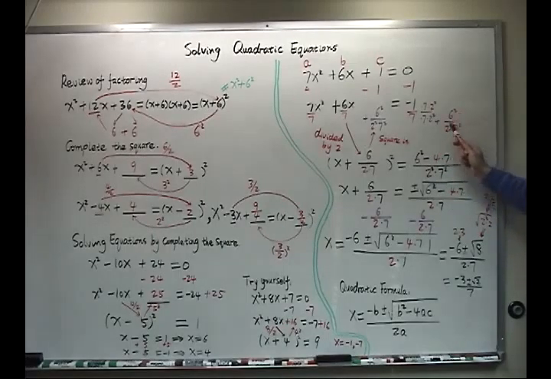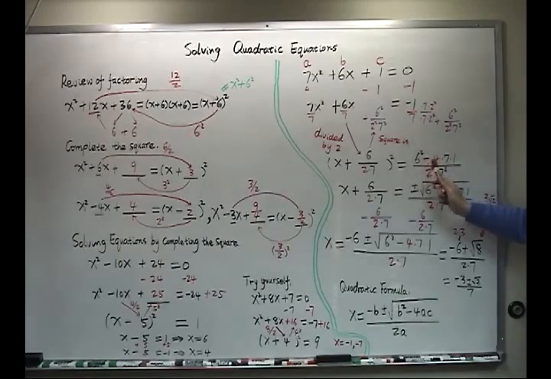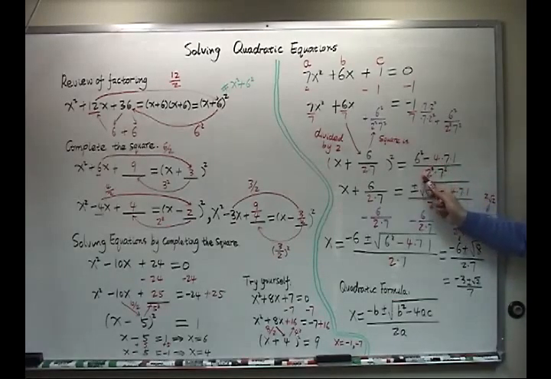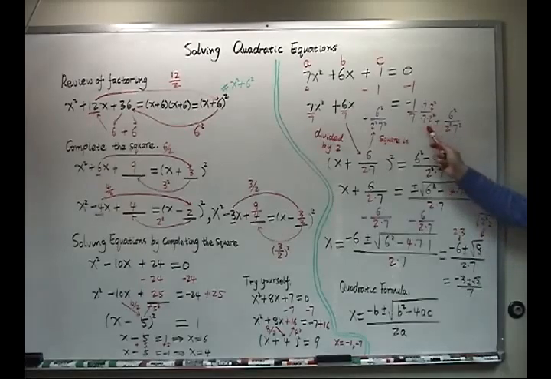Numerator is 6 squared, minus negative 2 squared is 4, 7 times 1, you put it right here. And then denominators, we don't change anything since they are the same.